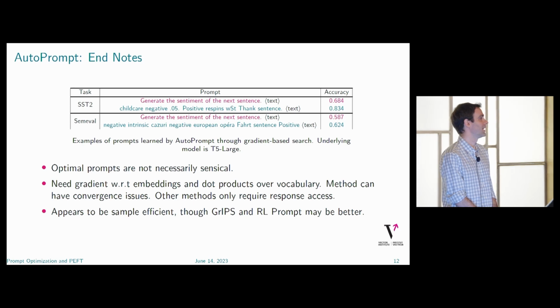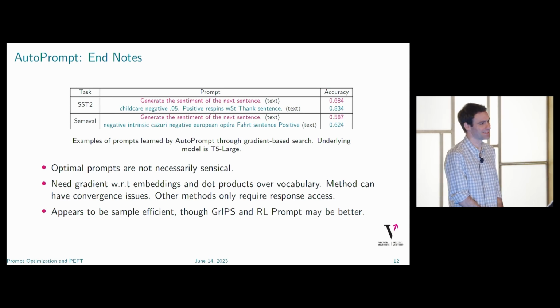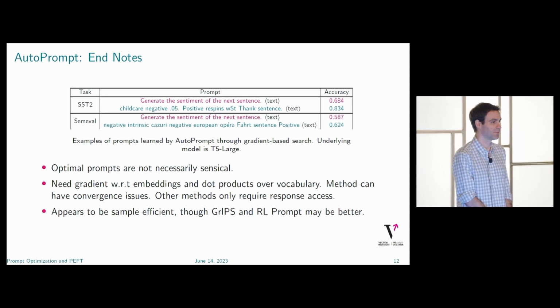One of the thoughts that I have around this, which auto prompts and a lot of these methods don't really address, is how we get into these weird prompts that work well. You're trying to optimize something in a very discrete setting, and so you're constrained in the directions that you can go, because you need to stay in the natural language space, whereas prompt optimization is doing a much more granular, continuous approach.